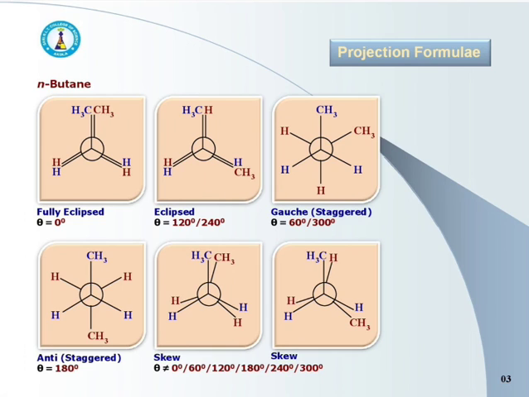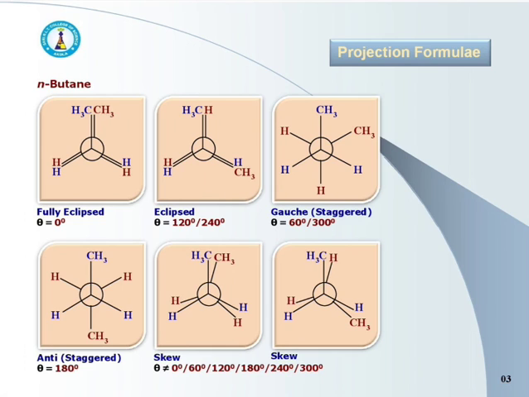But in case of third conformation, CH3 groups attached to back and front carbon atoms are adjacent in position, whereas in fourth conformation, these CH3 groups are at trans, or we can say at opposite position.